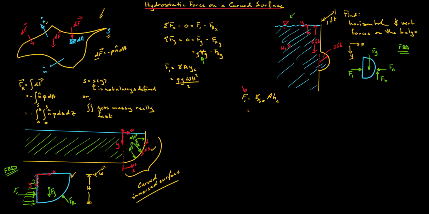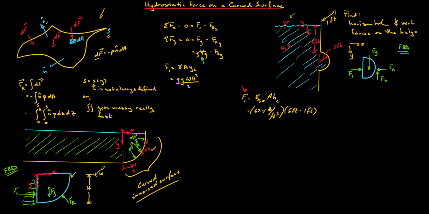The specific weight for water is 62.4 pounds per cubic feet. Then multiplied by the area, so as mentioned, this area is going to be 6 feet by 1 foot. All right, so 3 feet is the radius, so it would actually be 6 feet. I mentioned 3 feet by accident earlier.